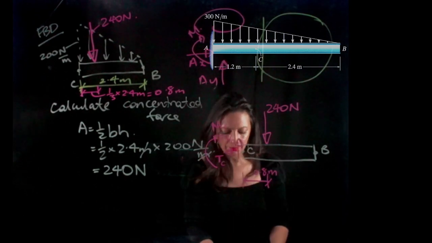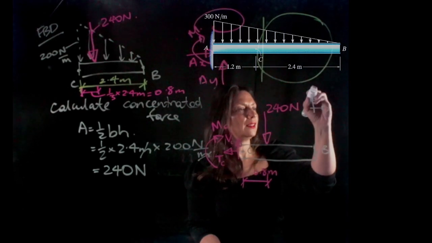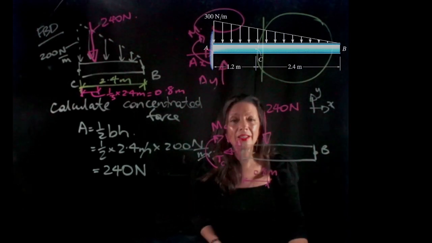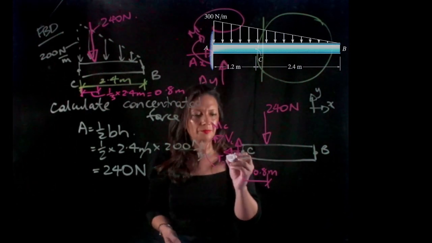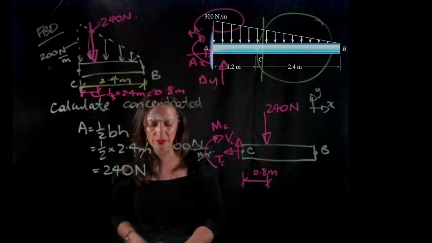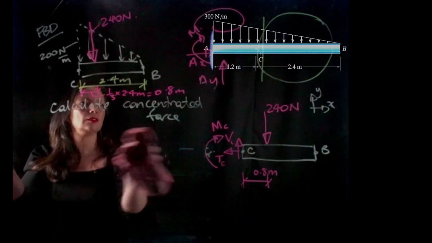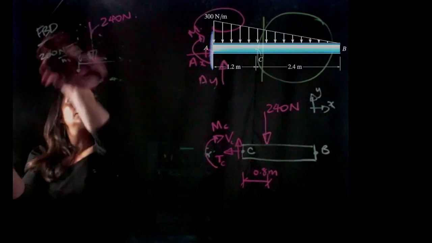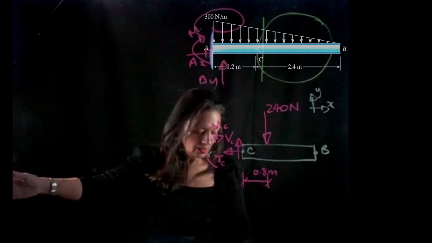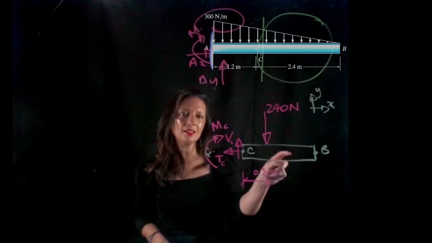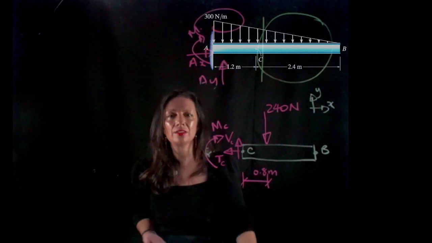So let's draw in an axis here. And this part is actually very simple, guys. Actually, just let me clean this up. So tension is in the horizontal direction, it's in the x direction.